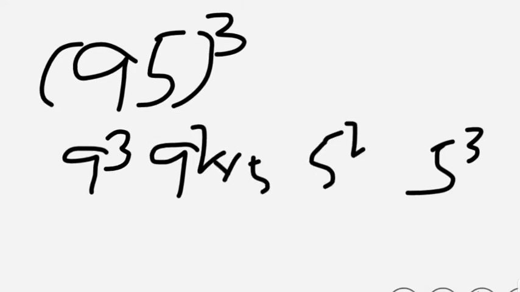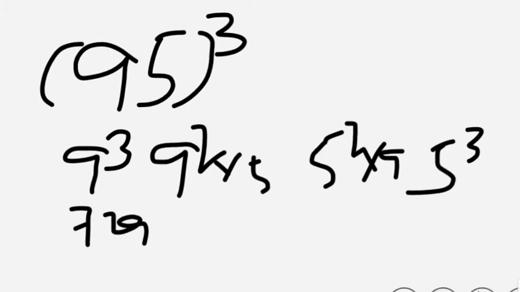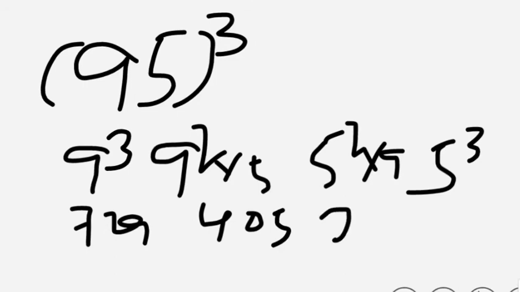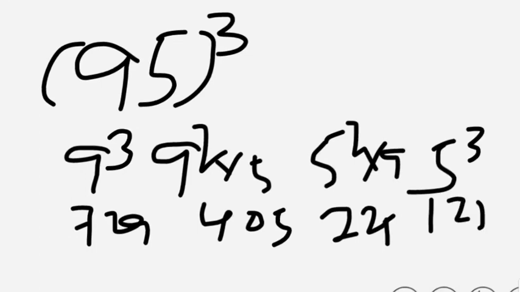Next 5 square into 9, okay. 9 cube is 729 and 9 square into 5 means 81 into 5, 405, so 5 square into 9, 25 into 9, 225. If you have difficulty in calculating 25 into 9, just multiply 25 into 10, 250 minus 25, 225, and 5 cube is 125, okay. So double that product, 810 and 450.